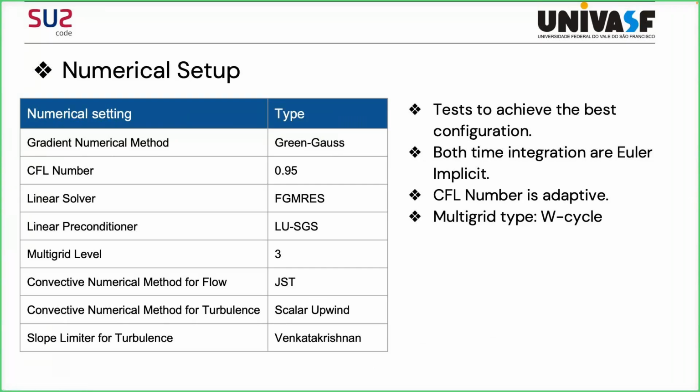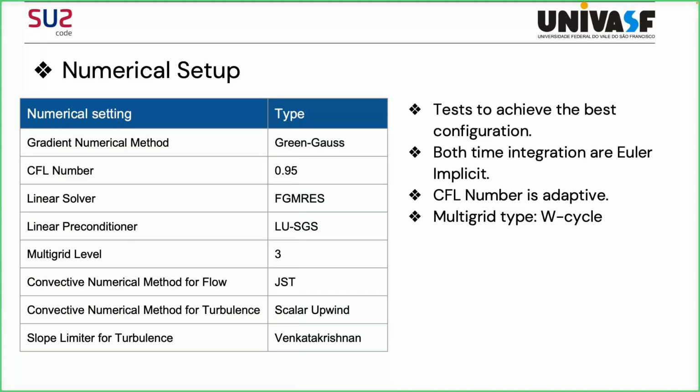At this point, tests were performed to achieve the best numerical setup, optimizing the parameters, convergence, and speed of analysis. Also, Green-Gauss was used as the gradient numerical method, with a CFL number of 0.95 and adaptive, since the implicit time integration allows us to use it to accelerate convergence.